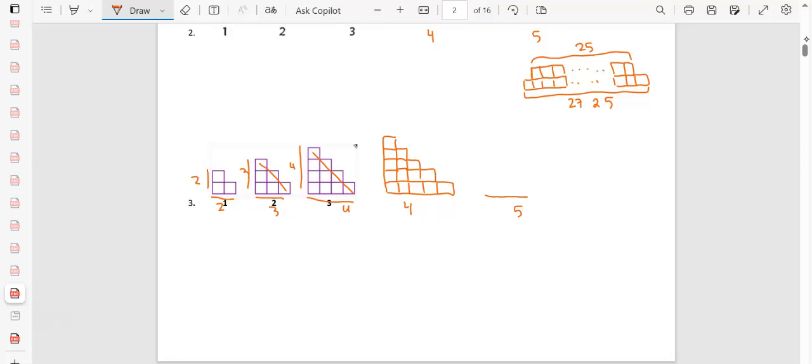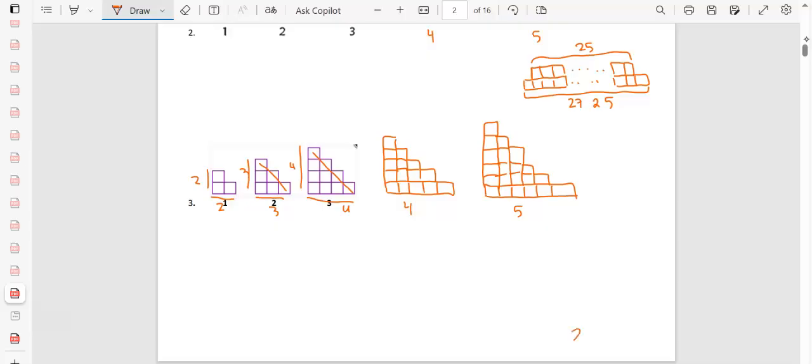So that means for the fifth one, we'll have 6 across, 6 up and down, and like I said, I'm just going to fill in the stairs, so to speak.